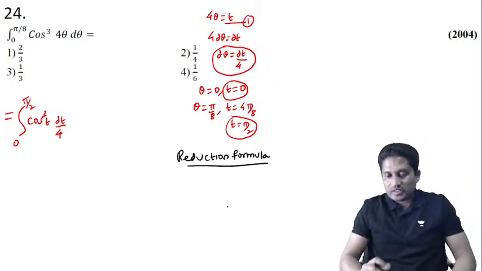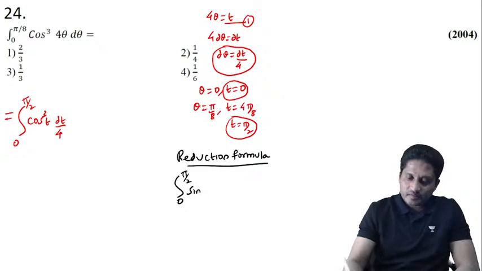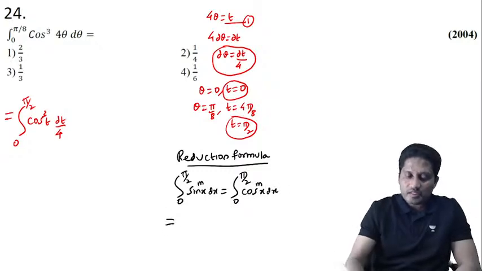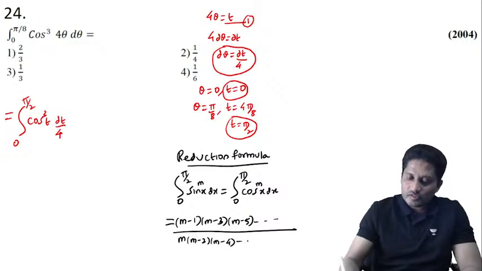If you have, suppose, 0 to pi by 2 sine power m x, and 0 to pi by 2 cos power m x, that is equal to (m minus 1)(m minus 3)(m minus 5) and so on, whole divided by m(m minus 2)(m minus 4) and so on.